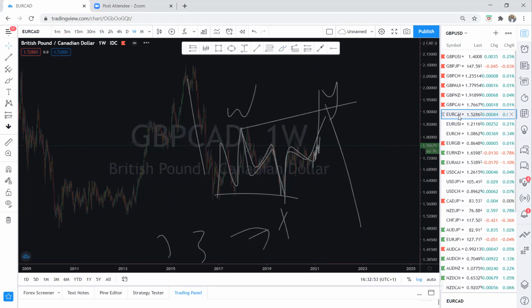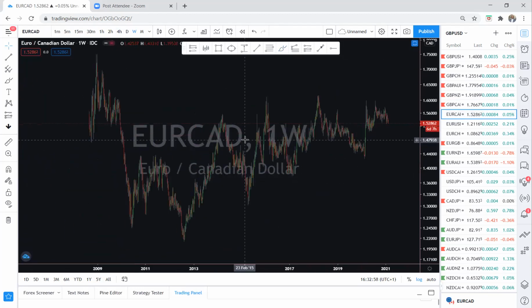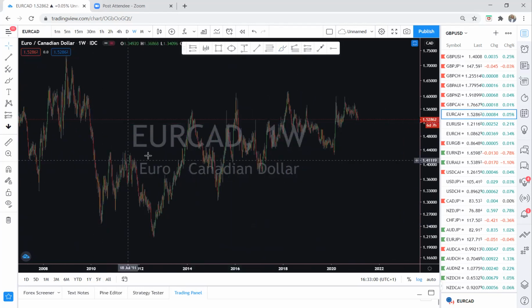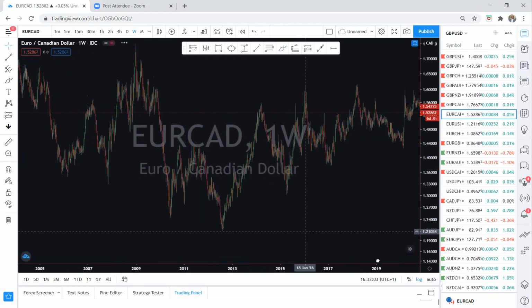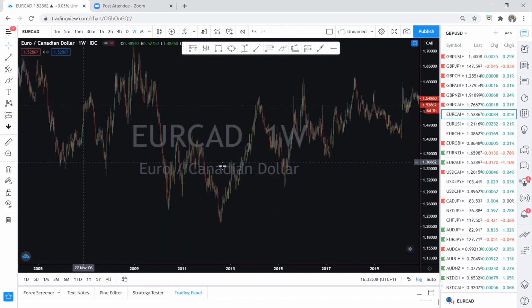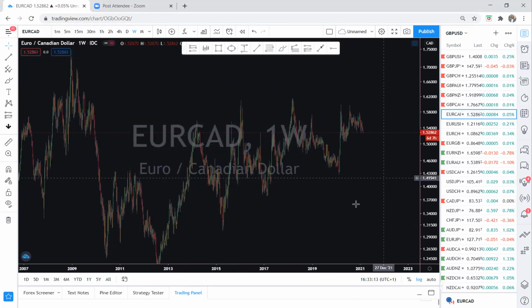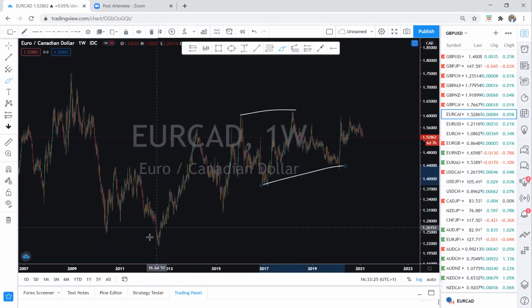Now let us look at the Euro card. Euro card in the weekly time frame, you can see that we've been having this move sideways for a long period of time. We've been having a sideways structure in USD card. But one thing I know that is very sure in Euro card is that this structure at the middle is a beautiful structure in 3 waves, and you have this, a beautiful structure in 3 waves.